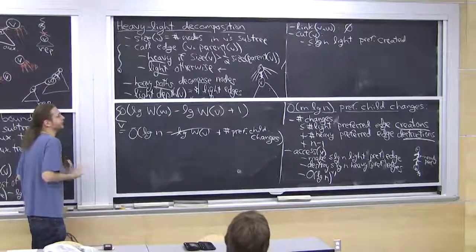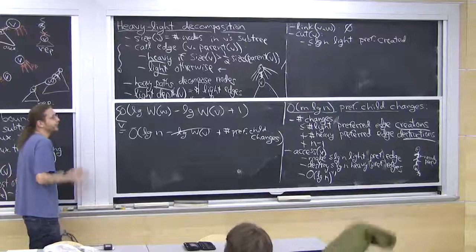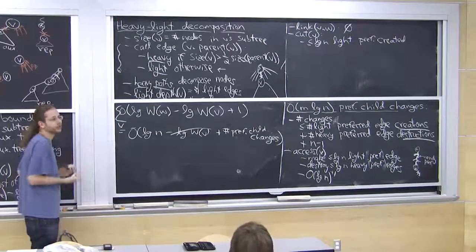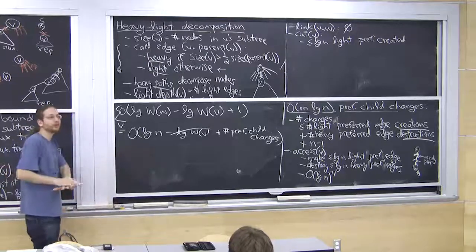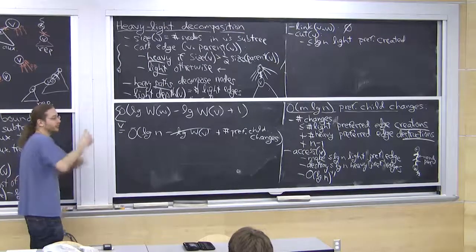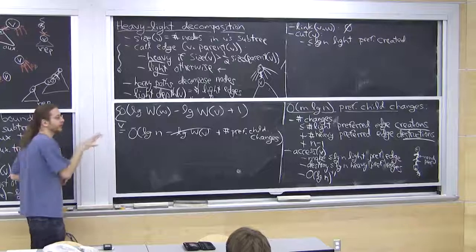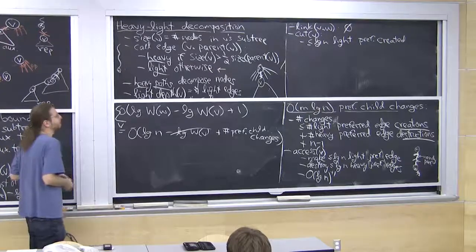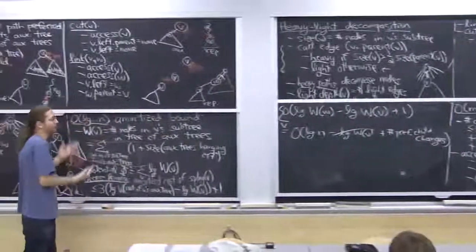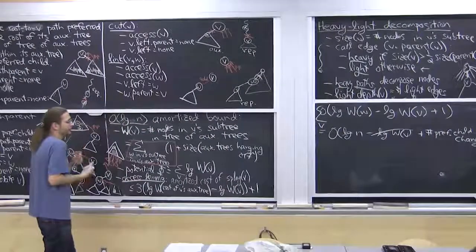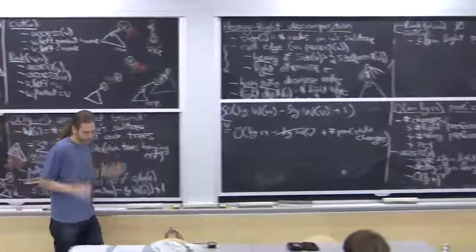Or inversely related, I guess. So you try to put all the heavy things near the root because they're more likely to be accessed. And then you guarantee that the overall tree of ox trees has log n depth by skewing each of the ox trees to match. So it can be done, but all the operations are messier because you no longer have the convenience of preferred paths to make it easy to link and cut things. That's it.